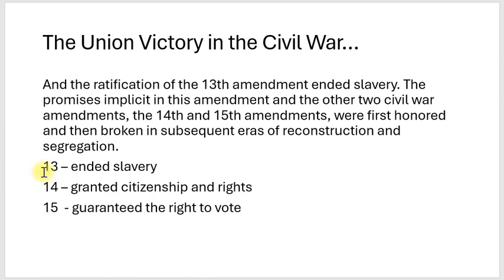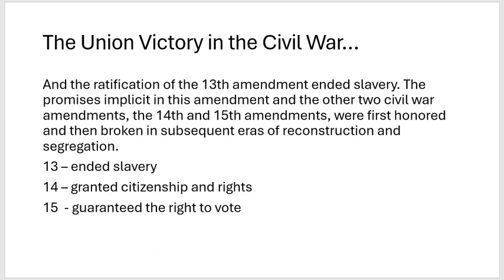So the 13th Amendment ended slavery. The 14th Amendment granted citizenship with its associated rights, and the 15th Amendment guaranteed the right to vote. But remember what we've just said here. They were first honored and then broken in subsequent eras of Reconstruction and segregation. So there's this interplay going back and forth.